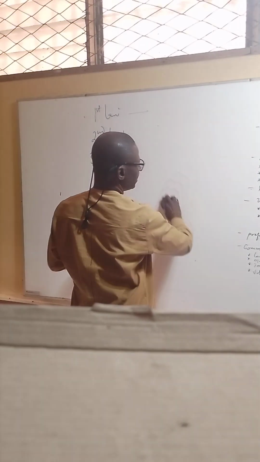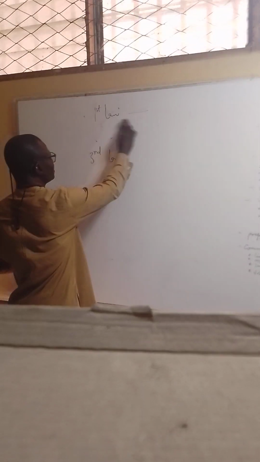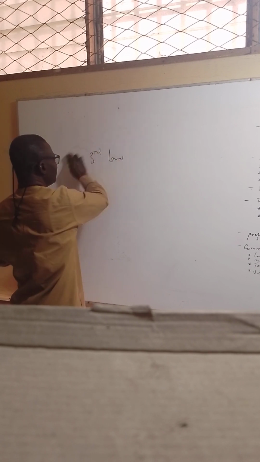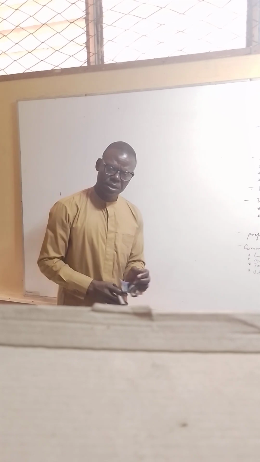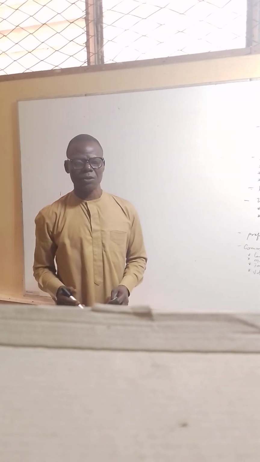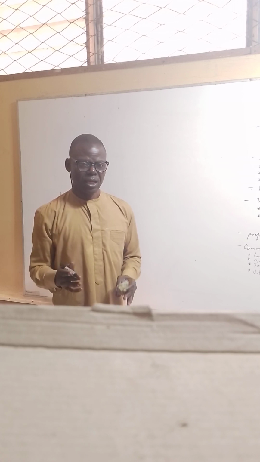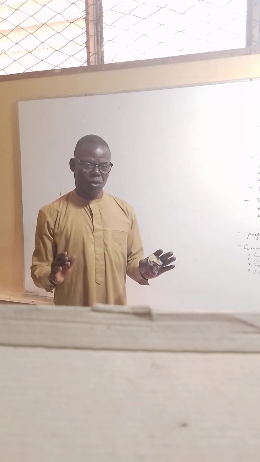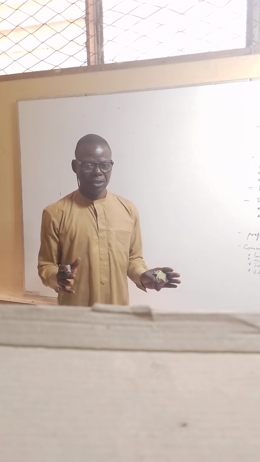We move next to the third law, Newton's third law of motion. And what is Newton's third law of motion? It states that action and reaction are equal and opposite. What does that mean?